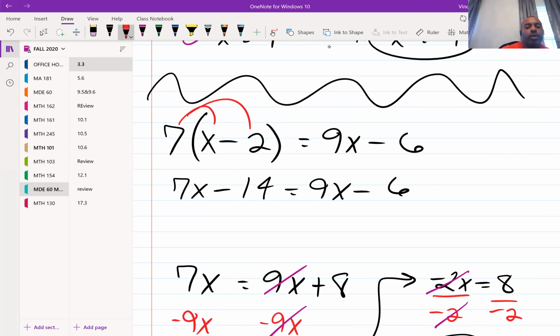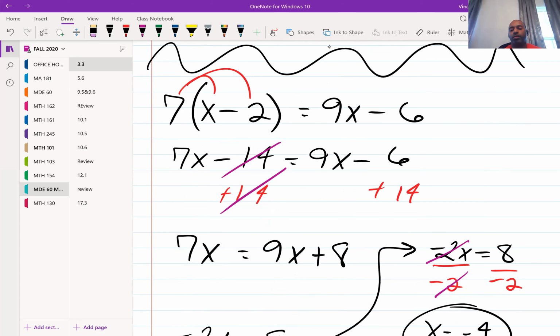Then from there, we have our variables on different sides of the equation. So we have to make a decision on which one we want to move. So we can add 14 to both sides. 14's cancel. And that will leave me with just 7x equal to 9x plus 8. It's negative 6 plus 14 is plus 8.